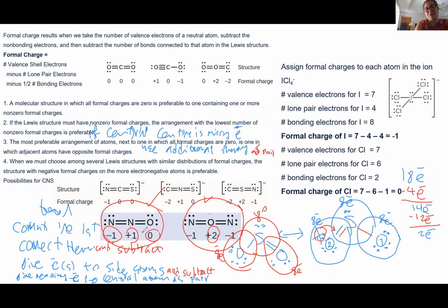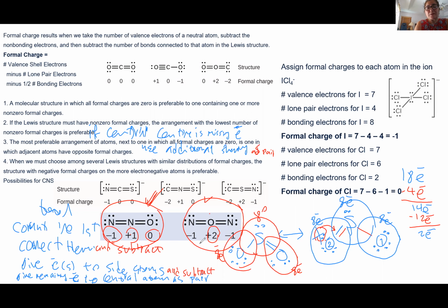So there are 2 advantages to the structure on the left, because you have one with the 0, and then the charge separation, the charge difference, is less significant here. You have a +1, -1. Here you have a +2.